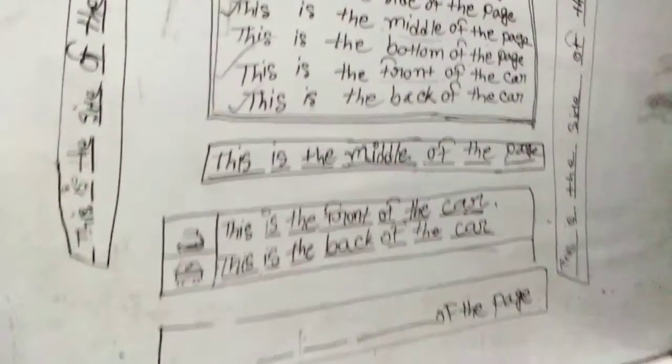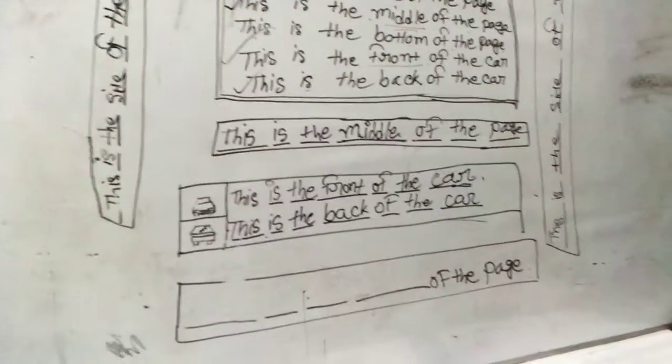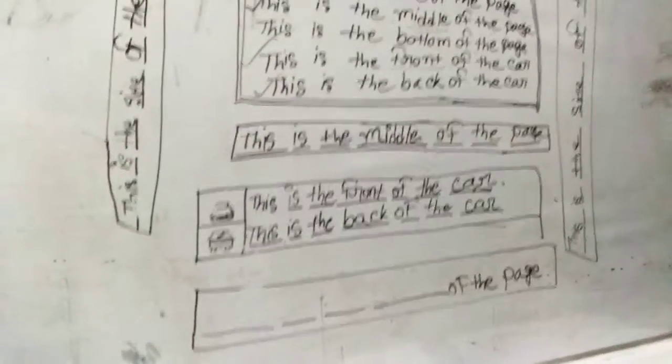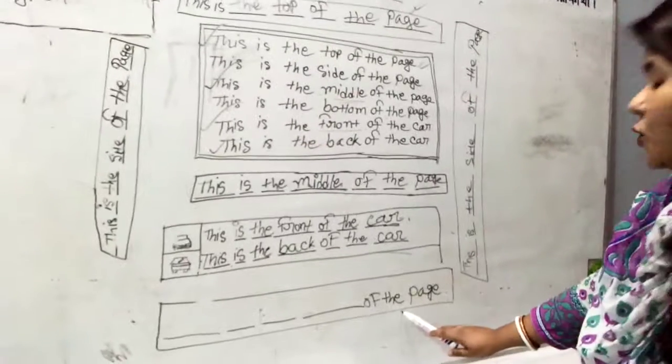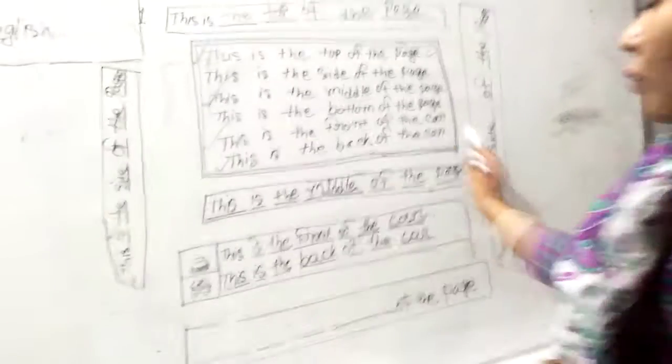As I told you, bottom means the very last part. If it is about the ending part, the very last part, then see in the whole boxes or blanks, what is the last one? This one. If it is the last one, then can't we write that this is the bottom of the page?